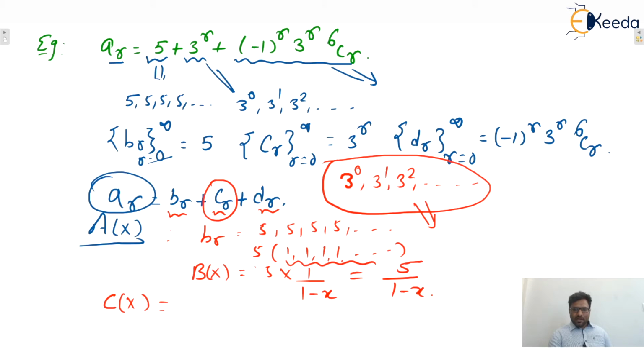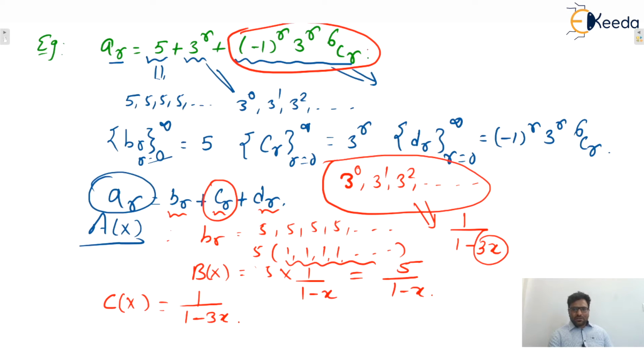Multiply every term with x power 0, then x power 1 and so on. So the generating function will be 1 upon 1 minus 3x, because the common ratio will be 3x only. So the corresponding generating function is 1 upon 1 minus 3x. Isn't it?